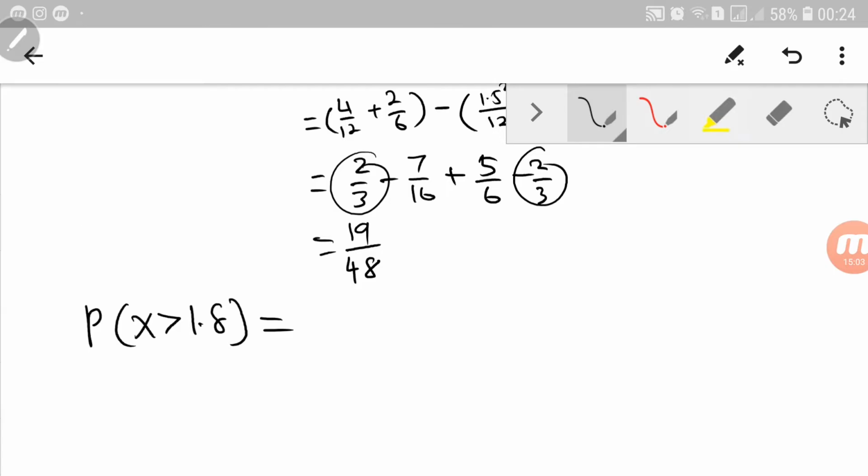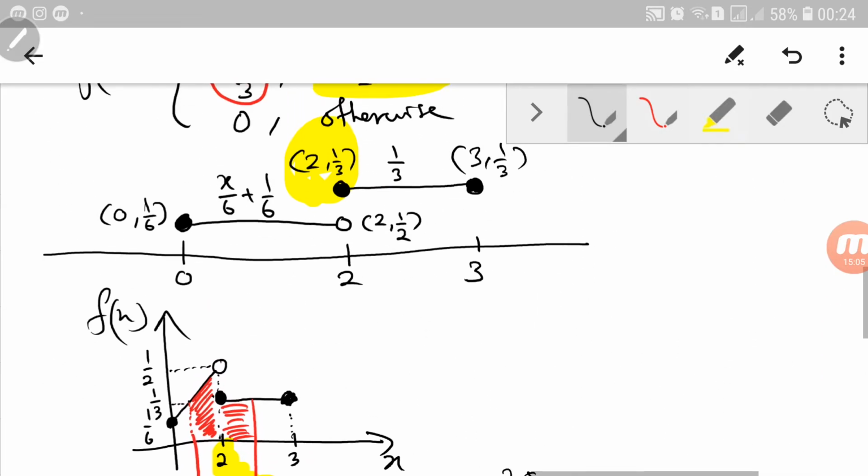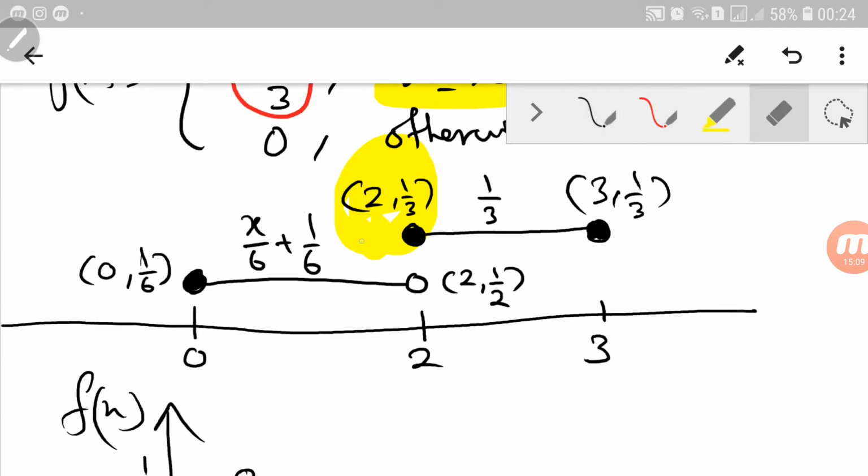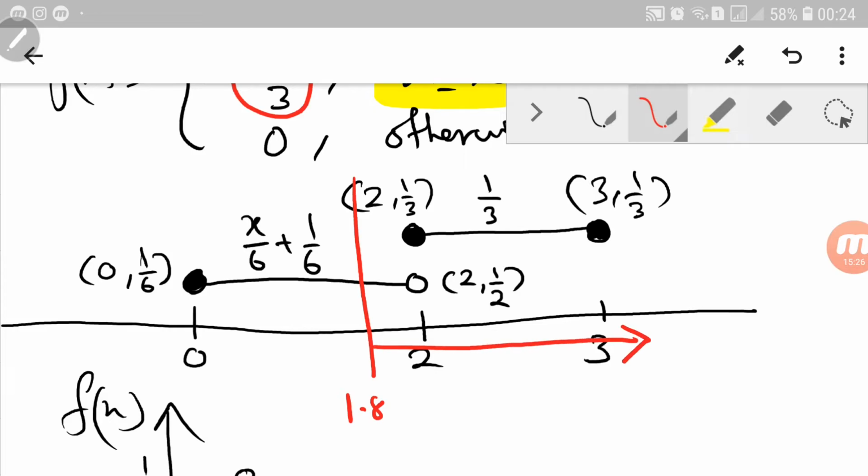From this number line that we made to represent our piecewise function, the question wants 1.8, which is somewhere here, and above, which means all the way up until the end of the domain.